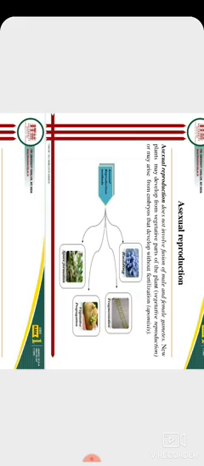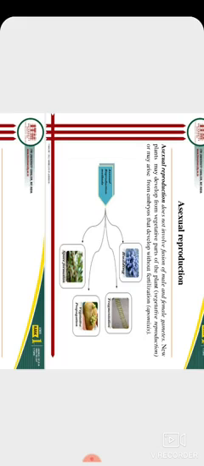If the plant develops from vegetative parts of the plant, that is called vegetative reproduction. And if it develops from the embryo without fertilization, then it is called apomixis.